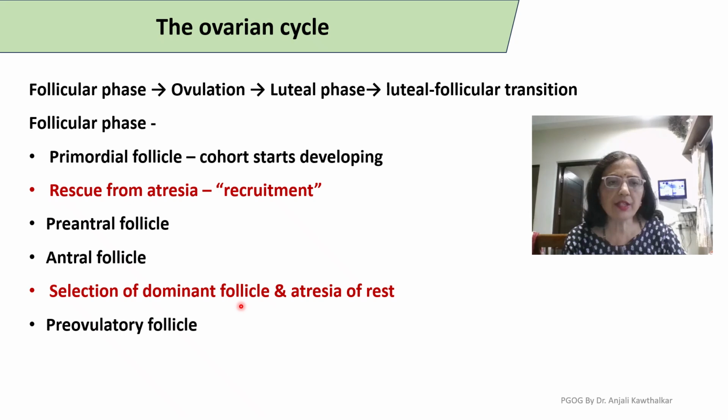And once there is a selection, the follicle further develops into the pre-ovulatory follicle. So these are the important steps to be remembered whenever we want to describe the regulation of the menstrual cycle, because all these events in the follicular phase are very important, and there are minute changes which are ultimately responsible for regulation of the menstrual cycle.